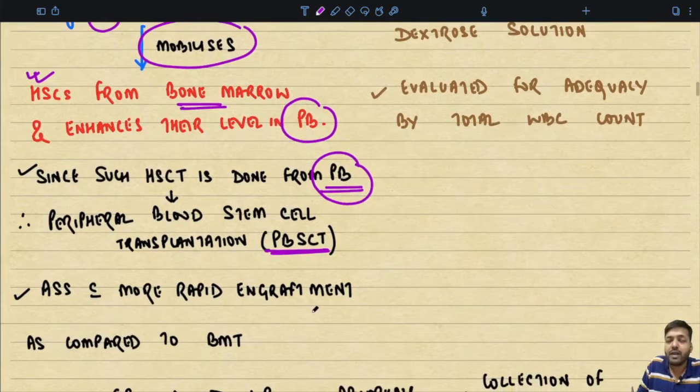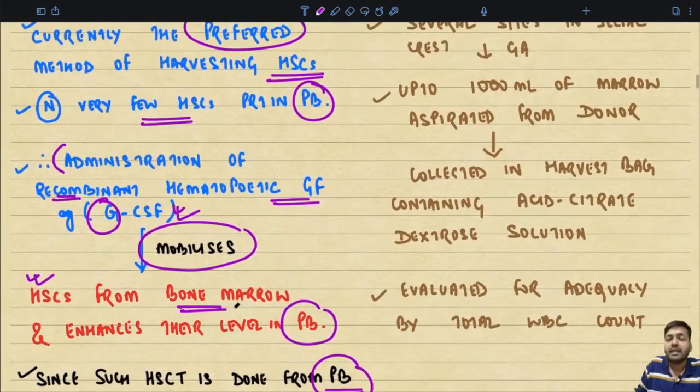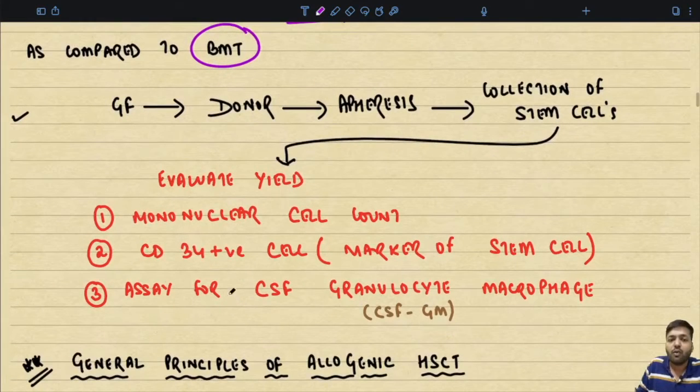Remember that peripheral blood stem cell transplant is associated with more rapid engraftment. What is engraftment? I will explain it in detail. As compared to the bone marrow transplant, peripheral blood stem cell transplant provides more rapid engraftment. Now, what is the basic process?